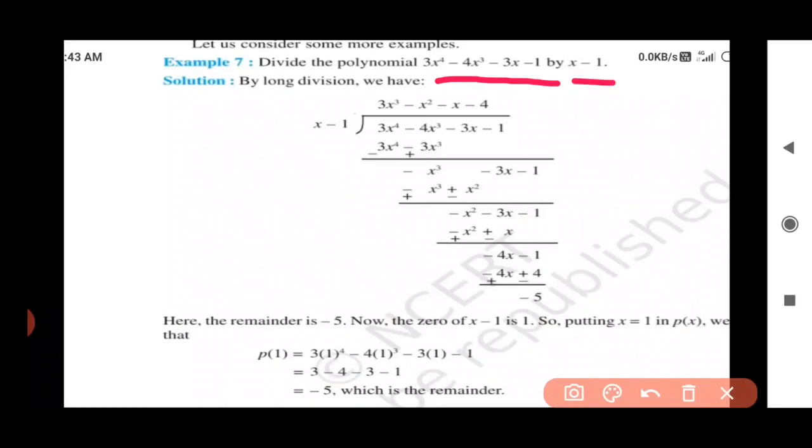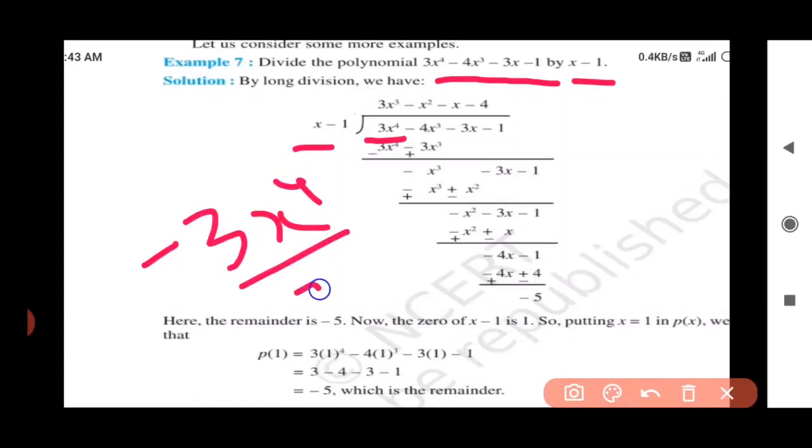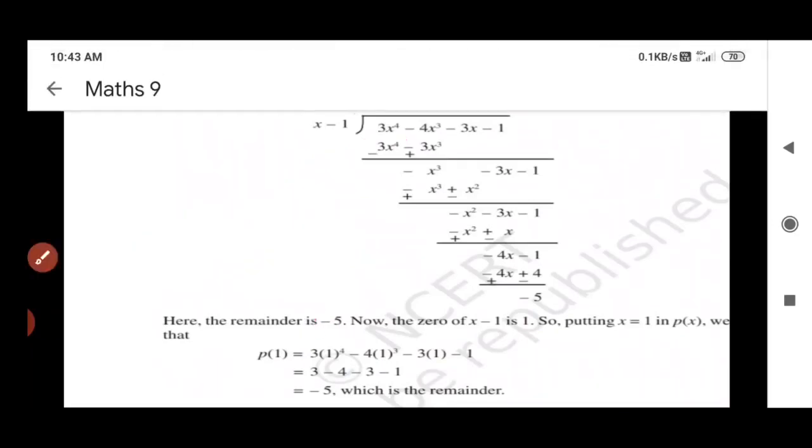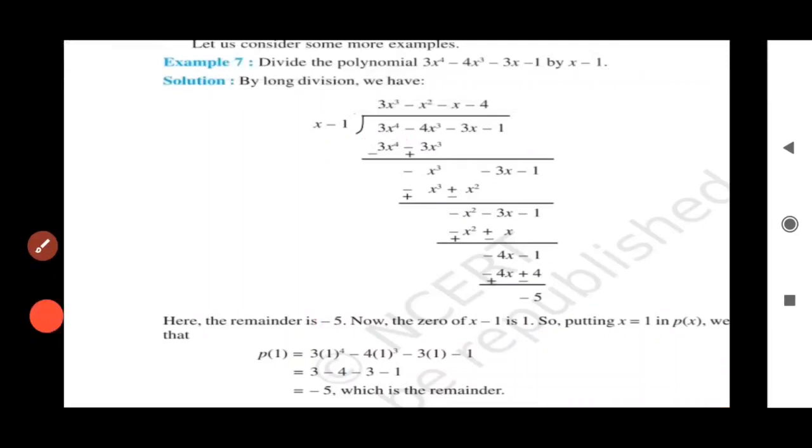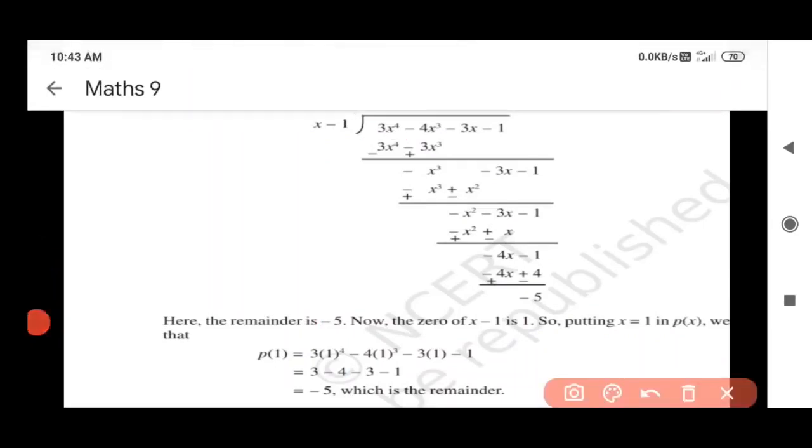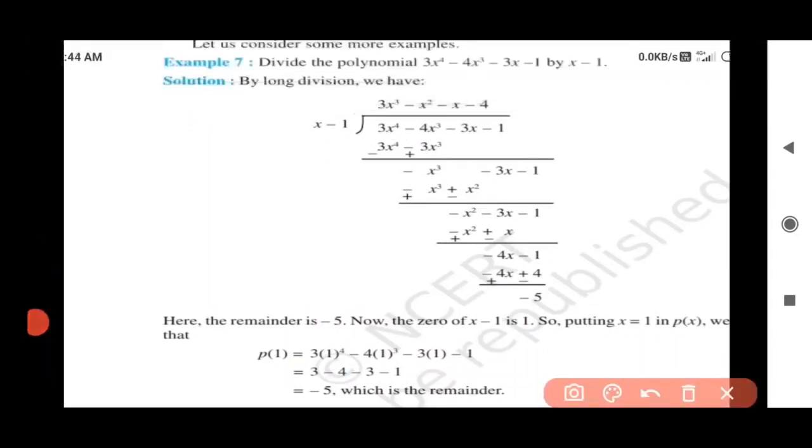Now going to step number 2. Divide the first dividend term by the divisor. 3x power 4 divided by x, cancel the term, you get 3x cube. So that is the first quotient term, 3x cube.